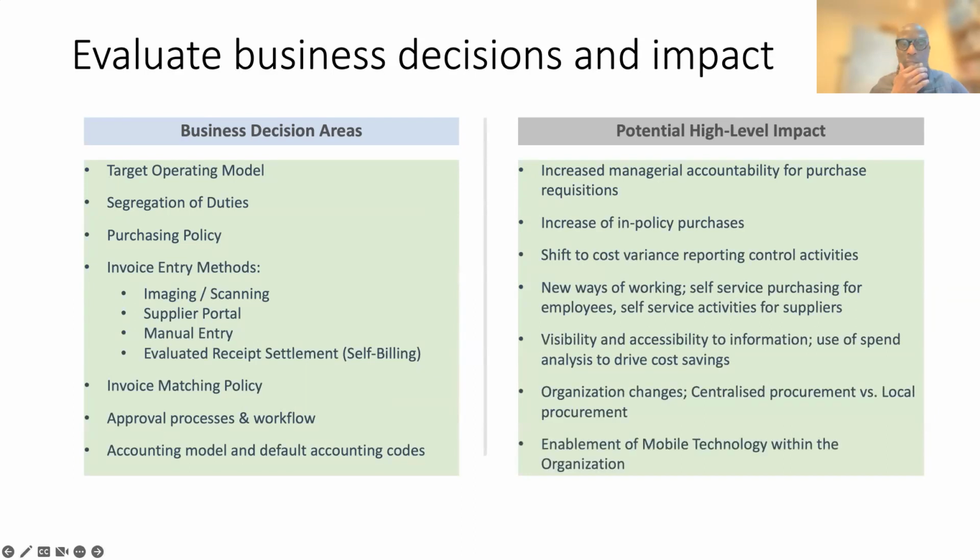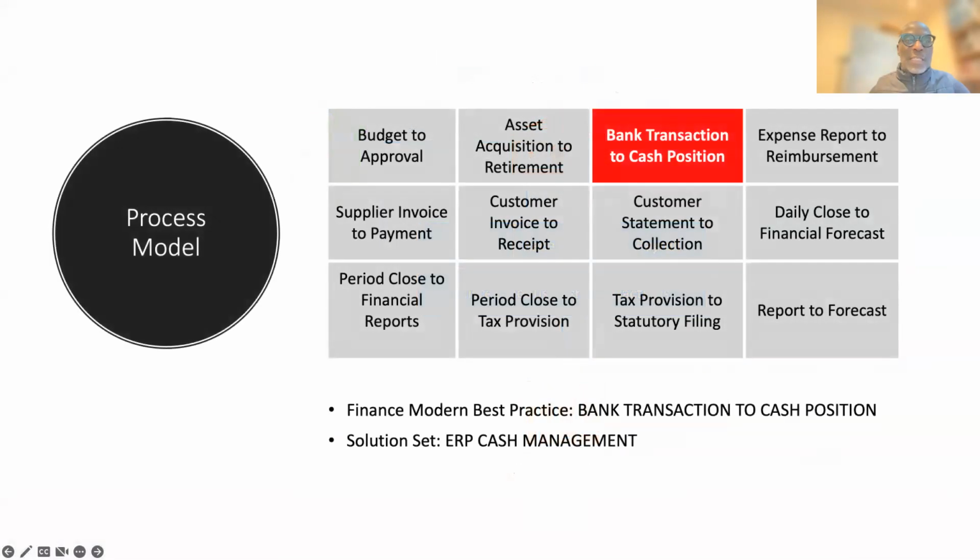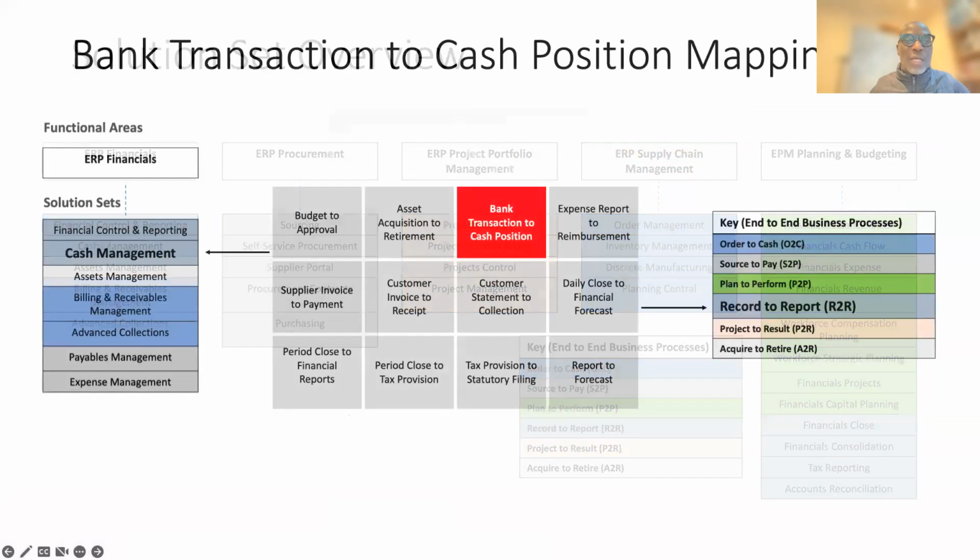So it's a lot of information for you to go through. Get yourself familiar with this. There is some documentation I'm going to show you that will also help you in this journey. I've got a similar one for cash management. Again, we've gone through the process for cash management, a similar kind of flow.